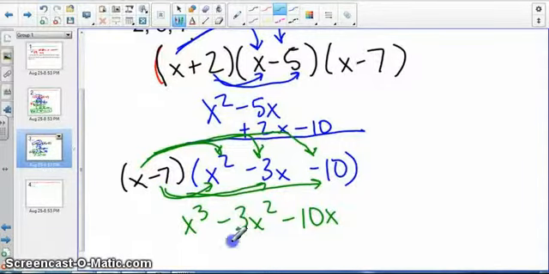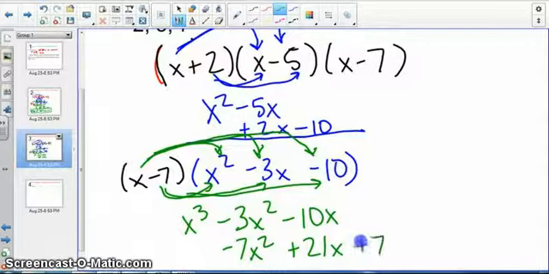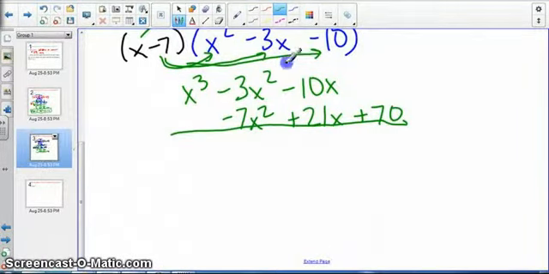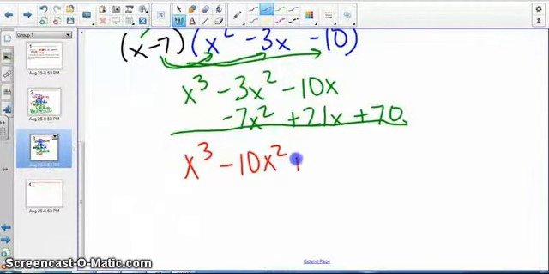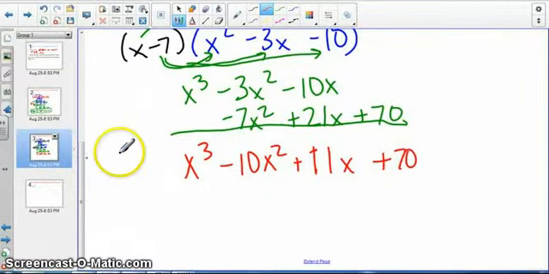Negative 7 times x squared is negative 7x squared. Negative 7 times negative 3x is positive 21x. Negative 7 times negative 10 is positive 70. Last, I'll combine these and write my polynomial. So I'd have x to the third minus 10x squared plus 11x plus 70. We're writing this as a function, so I'd have f of x.